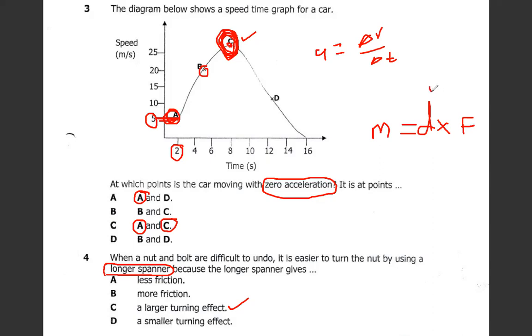So when the distance is increased for the same amount of force, the turning effect of an object at the pivot, which is called the moment, is increased. Therefore, a longer spanner will give us a larger turning effect. So here the answer is C.